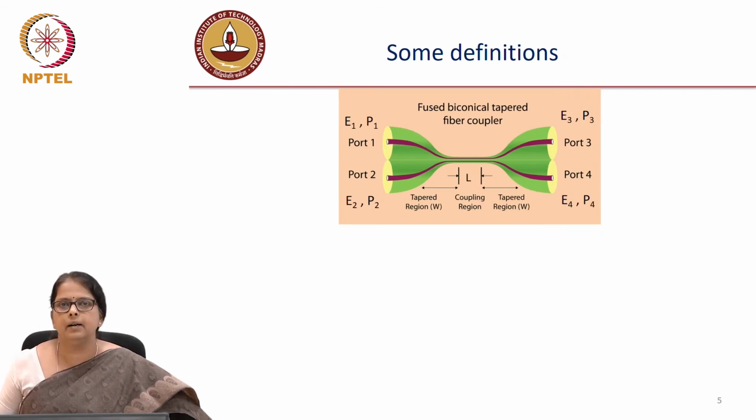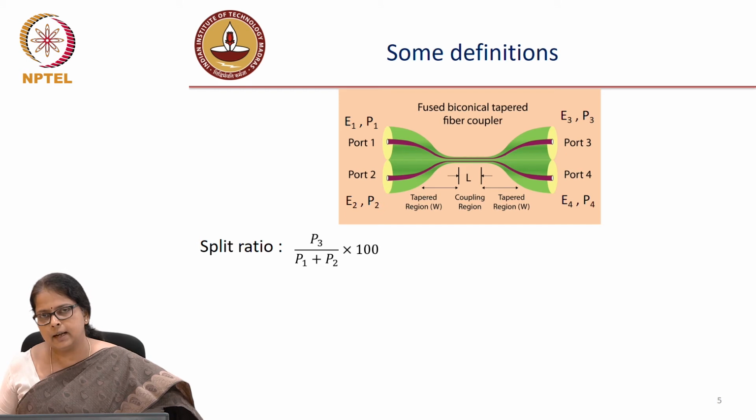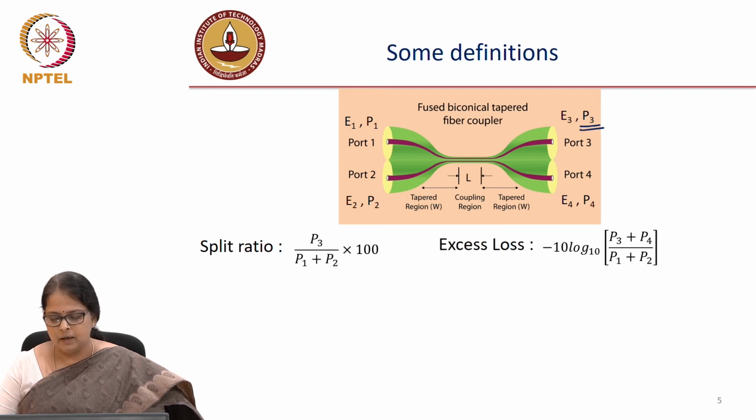We need to do some definitions here. The split ratio is the ratio with which the power gets split. The example that we considered had P2 as 0, but you could also have P2 not equal to 0, so correspondingly the relations change. But in any case, the split ratio is P3 divided by P1 plus P2, into 100.